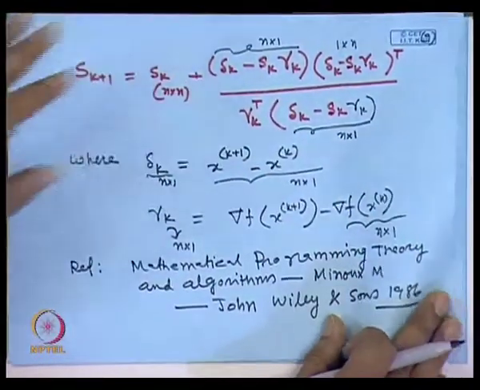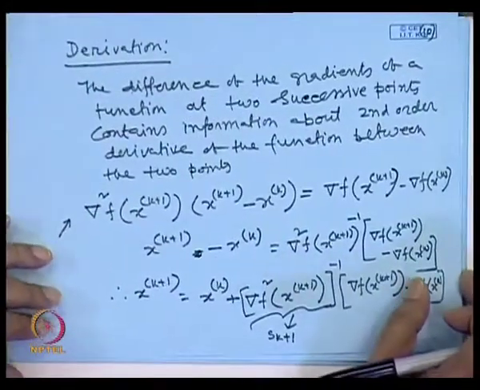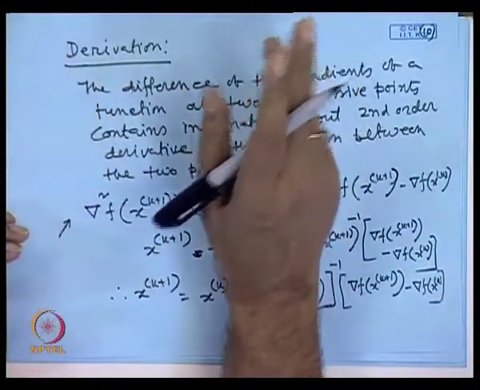How we got this expression is what we are going to discuss now. The derivation is based on this concept: f is a function of the variable x. The difference of function values at two successive points carries the information of the derivative of the function. Similarly, the gradient of the function at two successive points carries the information of the second derivative, that means Hessian matrix information.